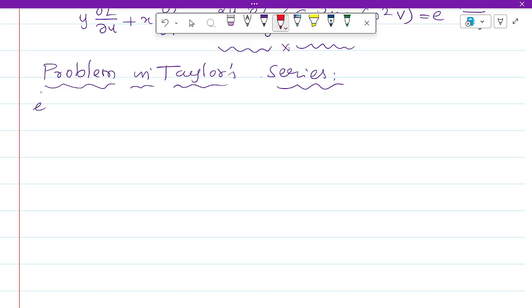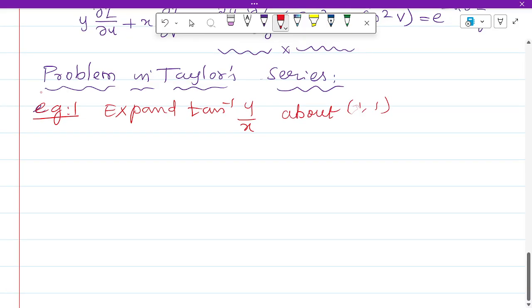Here I can write example number 1. Expand tan inverse of y by x about (1, 1) up to the second degree terms.